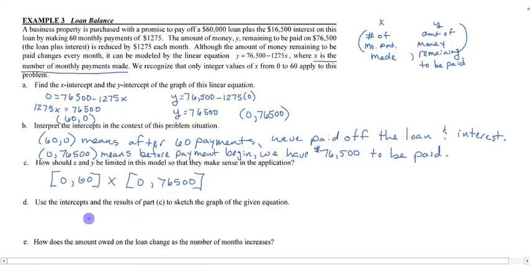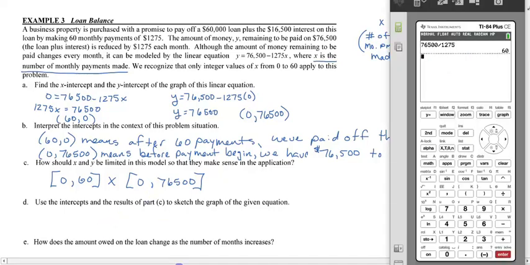So we want to use those intercepts to sketch the graph of the equation. So that means we go to our y equals, we type in our equation. It's 76,500 minus 1,275x. There we go.